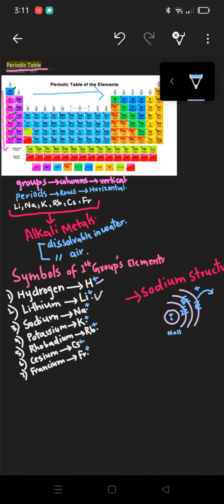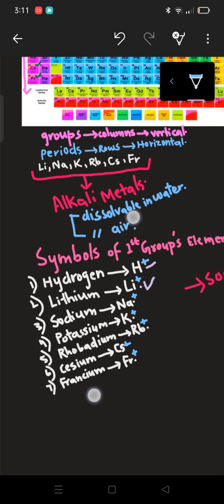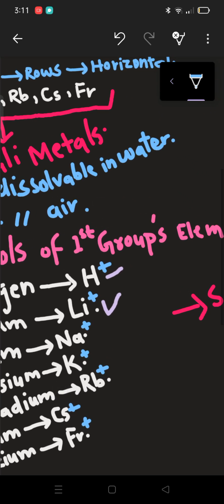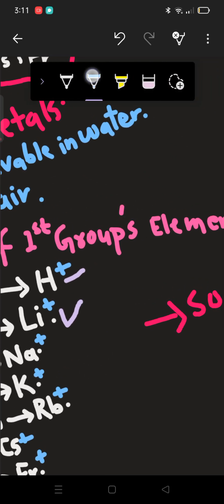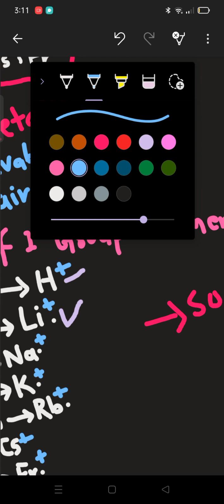Now we need to know the atomic numbers of these elements in the first group of the periodic table. Wait, let me change the color of the marker.